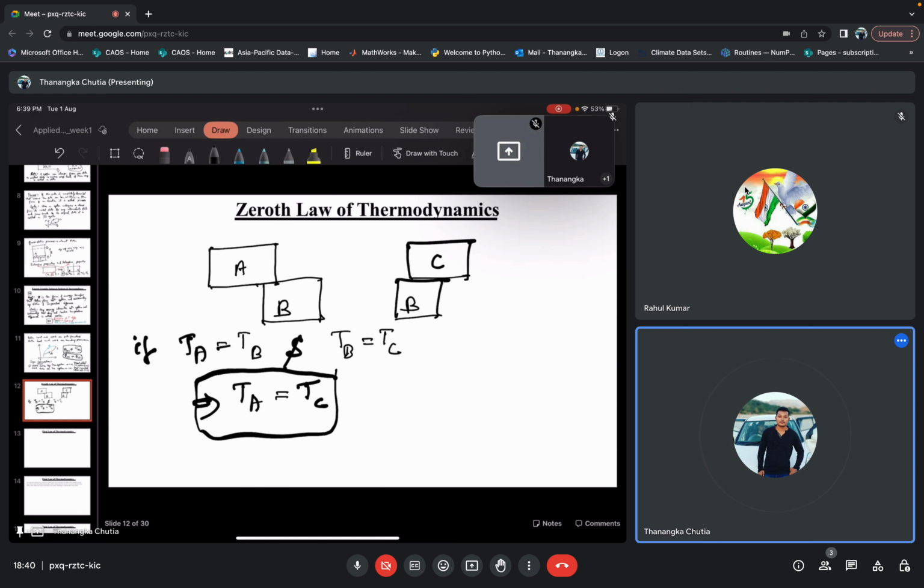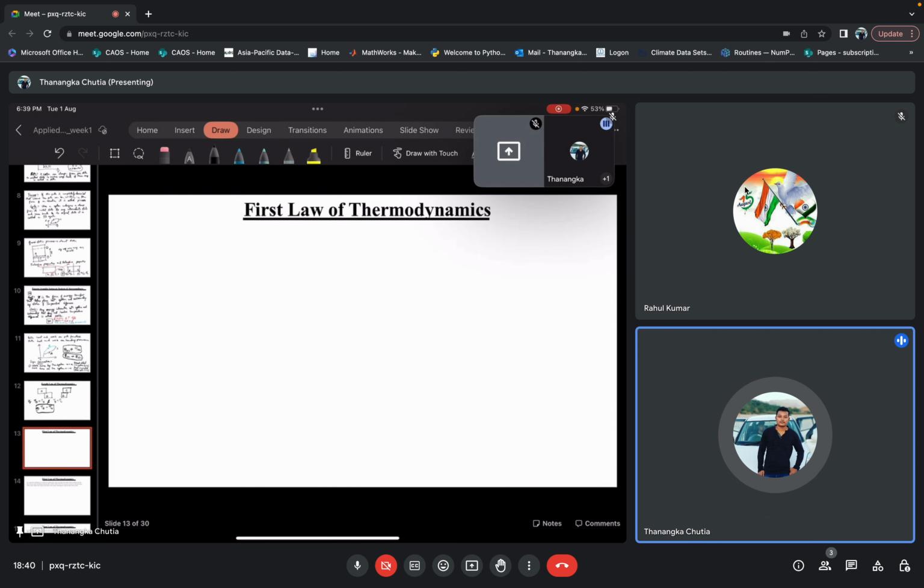Okay, fine. Now let's go to the first law of thermodynamics. See, the first law of thermodynamics is basically the conservation of energy.